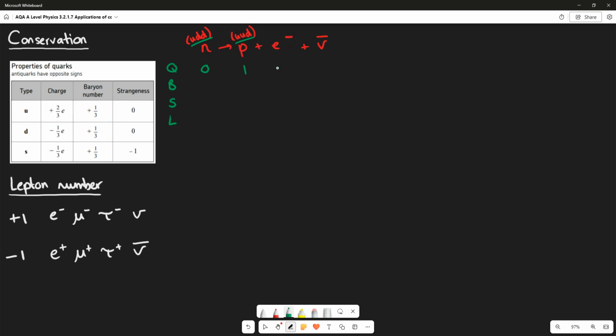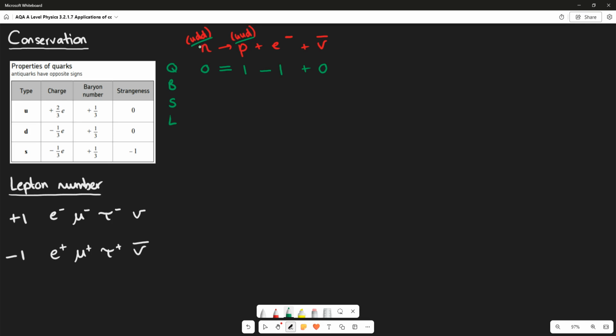The electron has a charge of -1, and the antineutrino has no charge at all. What we need is for the total on the left side of this arrow to equal the total on the right side of the arrow. So this needs to equal that, and it does. So we can say that this interaction is fine. The charge is conserved.